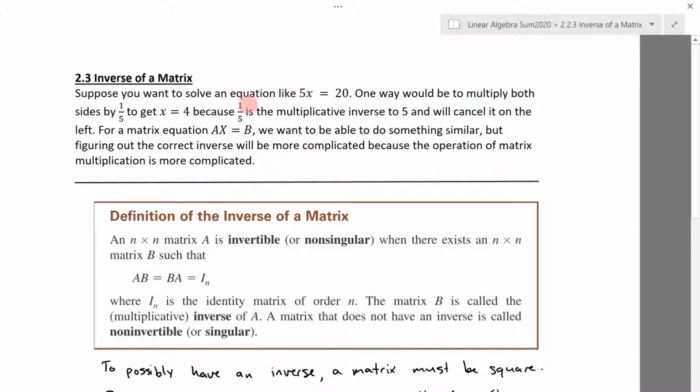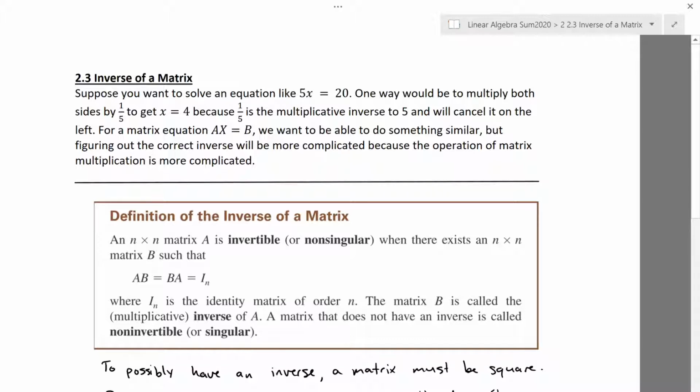So you basically divide by 5, or equivalently multiply by 1/5. Multiplying both sides by 1/5 cancels out the 5, and then you get x is equal to 4. Basically, that's because 1/5 is the multiplicative inverse to 5, and it cancels out the 5 on the left.